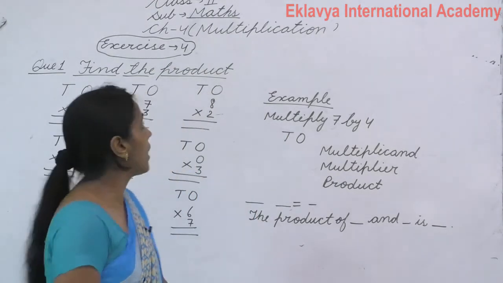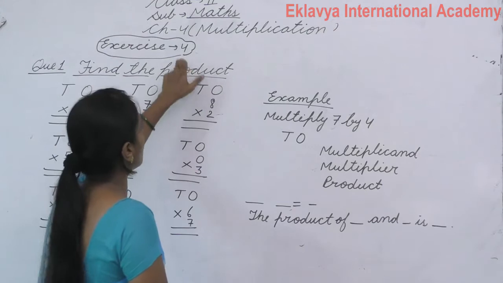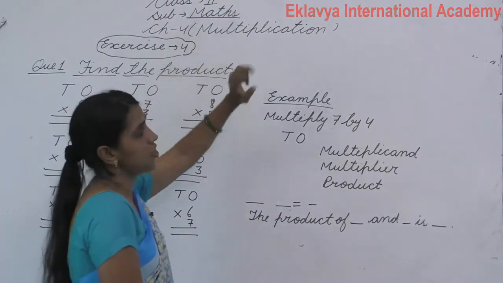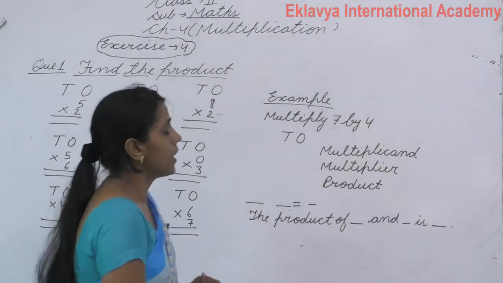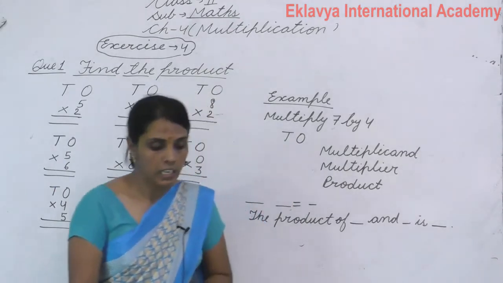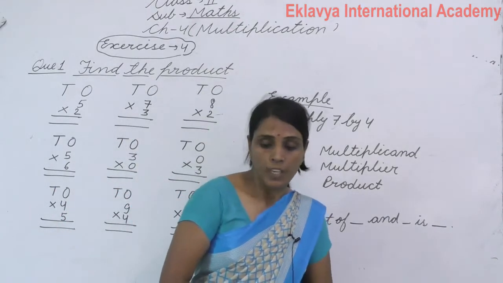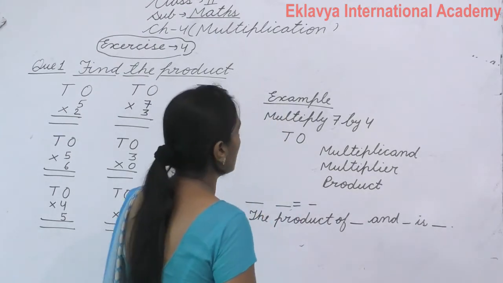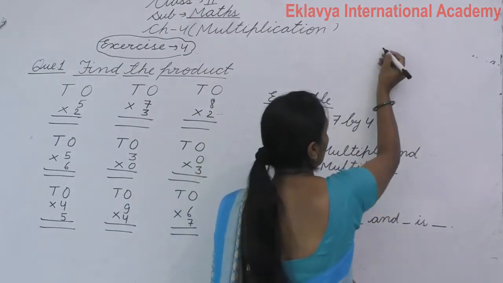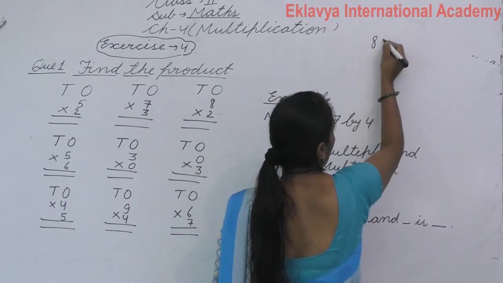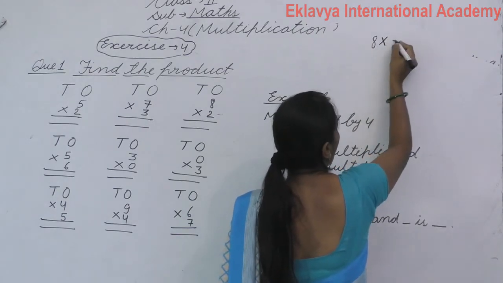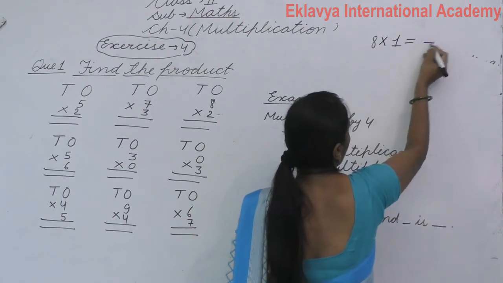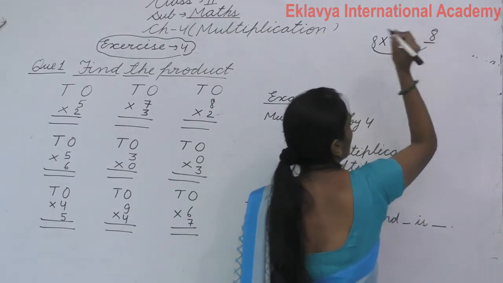Today we are going to start exercise 4, chapter 4, multiplication. Okay? Yes, student. In our previous lecture, I told you three types of property. Like this, student, I am telling again. If we multiply any digit by 1, we will get itself.